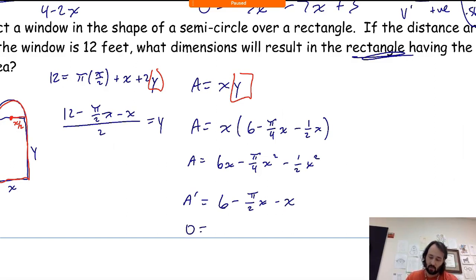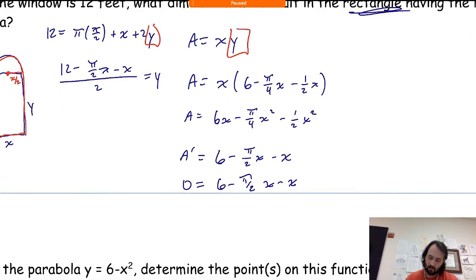There's only going to be one solution. So I want to move over that 6, factor out the x, and divide by negative pi over 2 minus 1. So I have negative 6 divided by negative pi over 2 minus 1. And that is 2.3339.